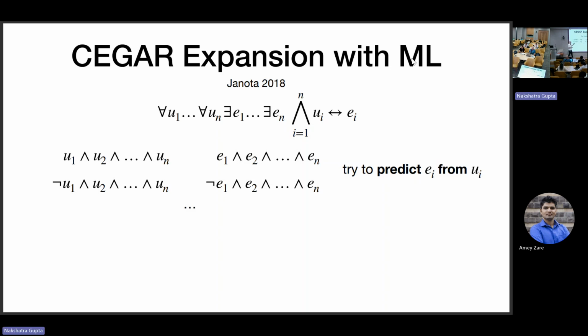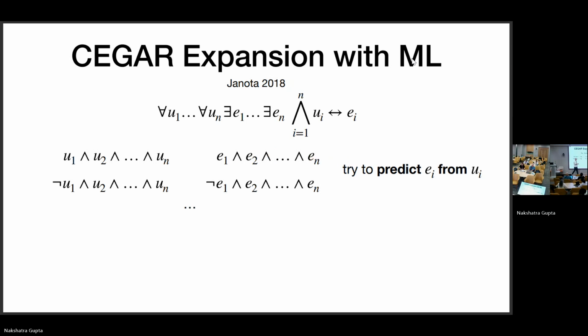And we can do this on a variable by variable basis. So we can look at each existentially quantified variable here and try to train a classifier that tells us how the existential will respond to an individual play.